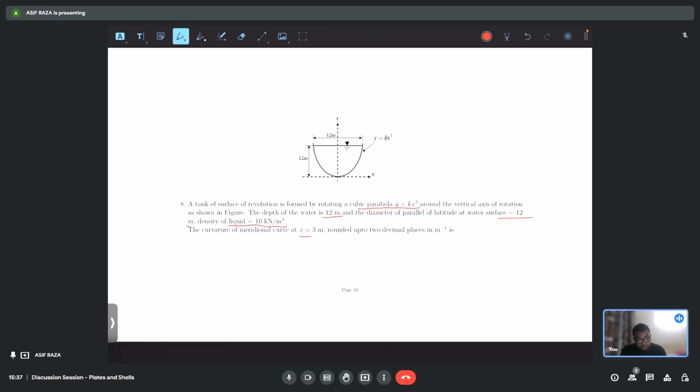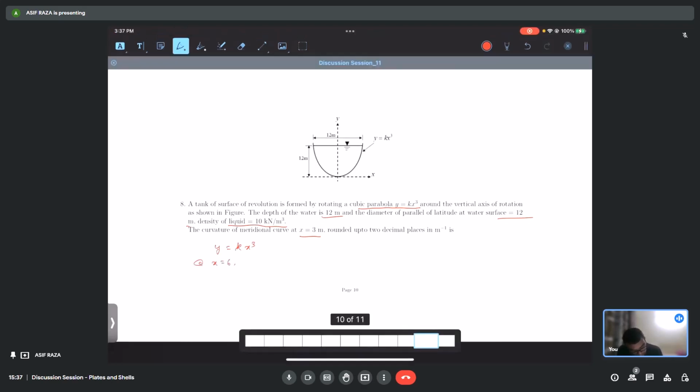Okay, so in this question, first we need to find the value of k. We are given the equation y equal to kx cube. At x equal to 6, we have y equal to 12.